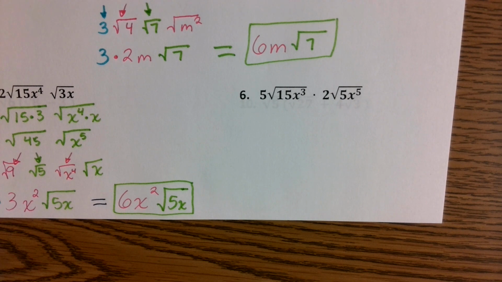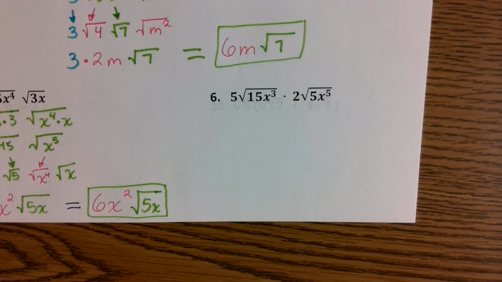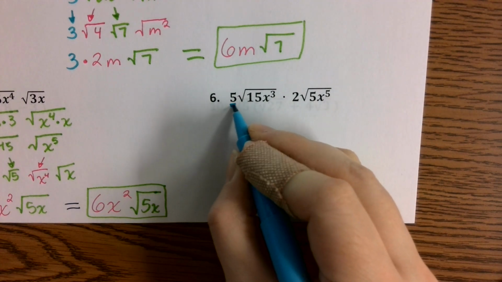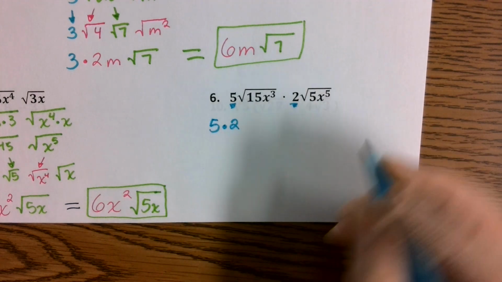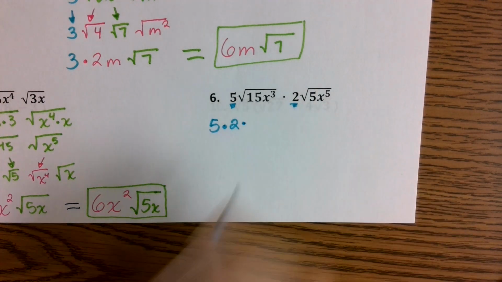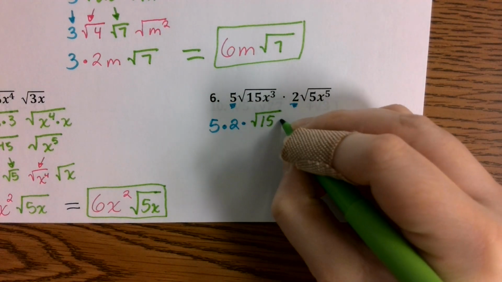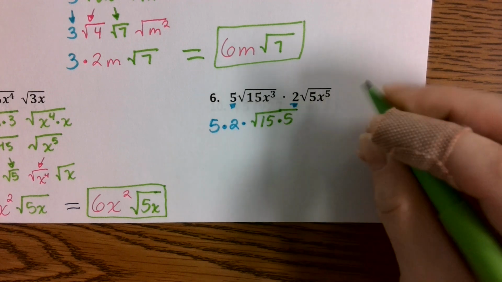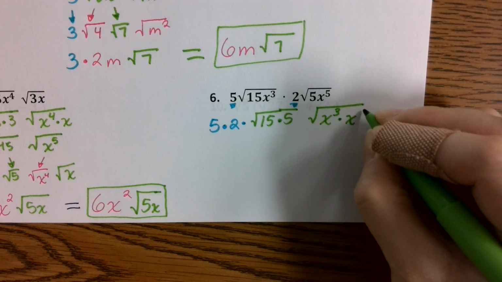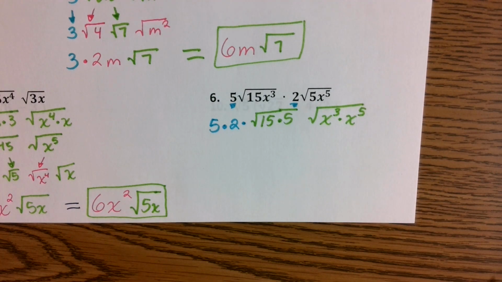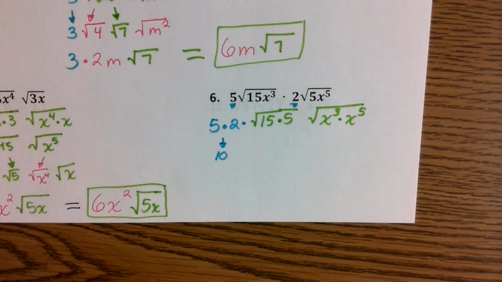Okay, problem number 6. Here we've got 2 coefficients. So we're actually going to be doing 5 times 2 times, and then inside the radicals, we're going to have square root of 15 times 5 and square root of x to the 3rd times x to the 5th. 5 times 2 gives us 10.